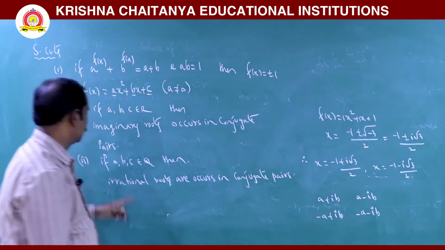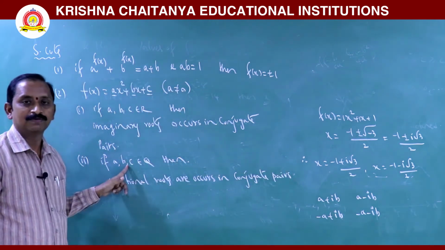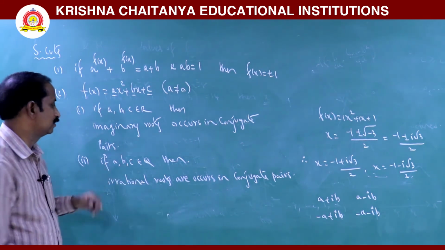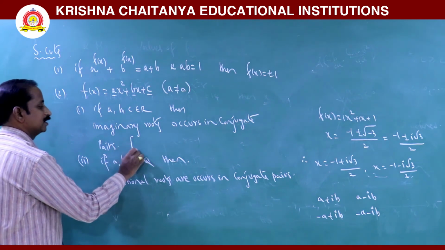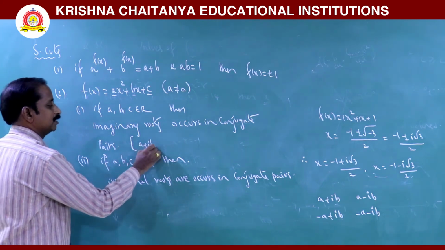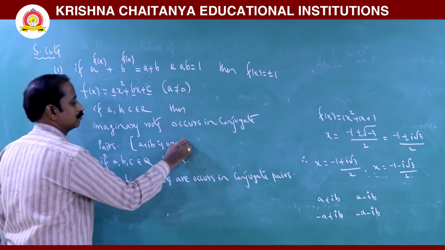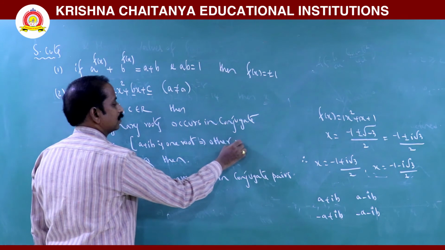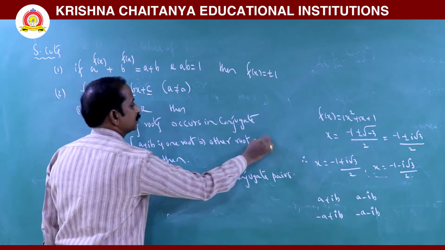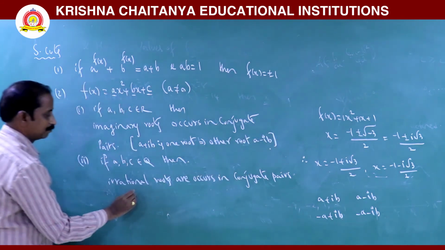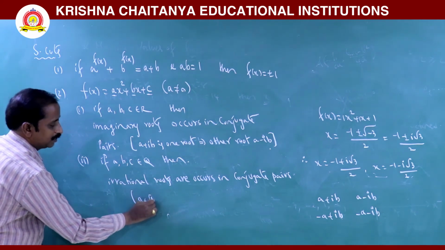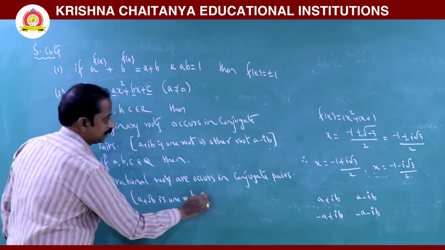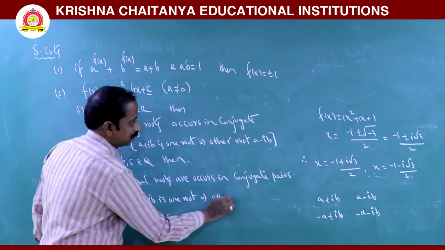Means for this polynomial, if a plus root b is one root, then the other root is a minus root b. Here, the same process: a plus root b is one root, implies the other root is a minus root b.